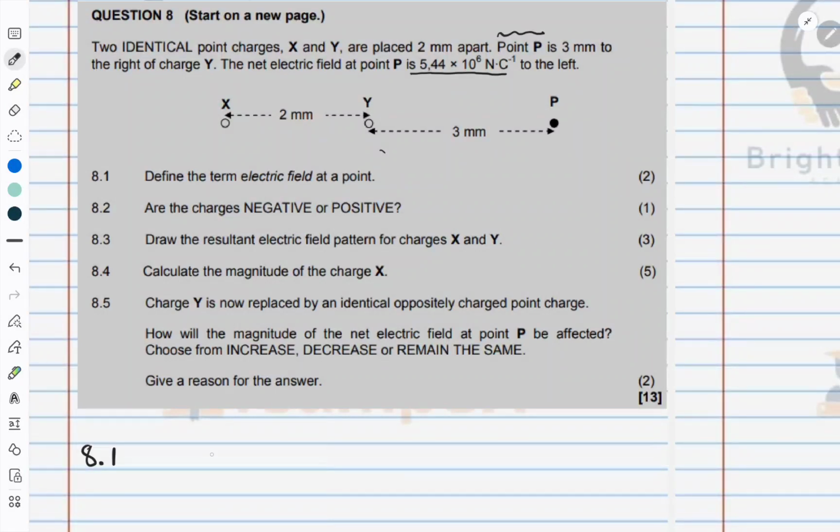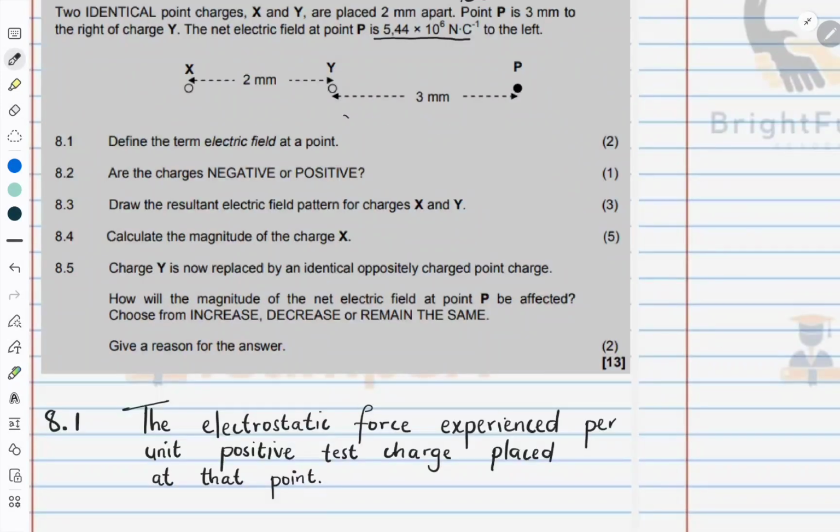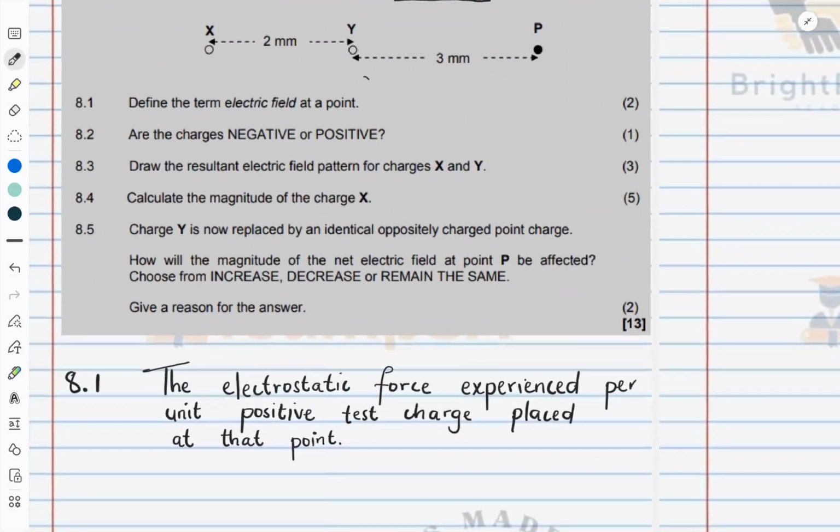In formula or mathematically, it's given like this: E is equals to F over Q, right? But let's state it in words. So the electrostatic force experienced per unit positive test charge placed at that point. That's how you would define electric field at a point.